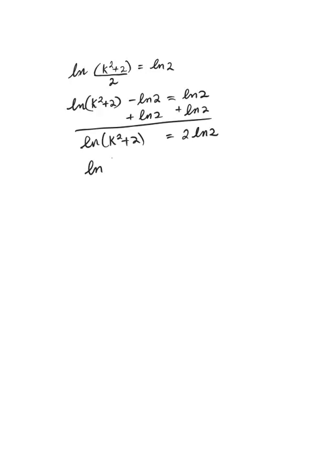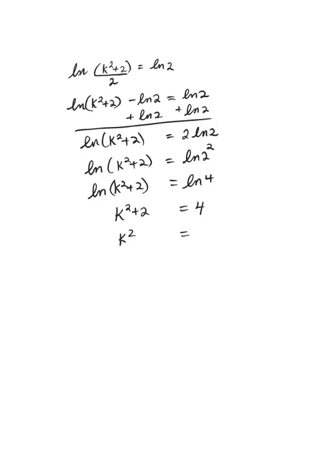So we have ln of k squared plus 2 is equal to ln of 2 squared. Ln of k squared plus 2 equals ln of 4. And now, because logs are one-to-one functions, we could say k squared plus 2 equals 4. And if we subtract 2, we get k is positive or negative the square root of 2.